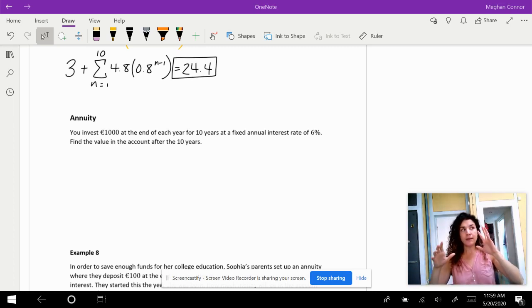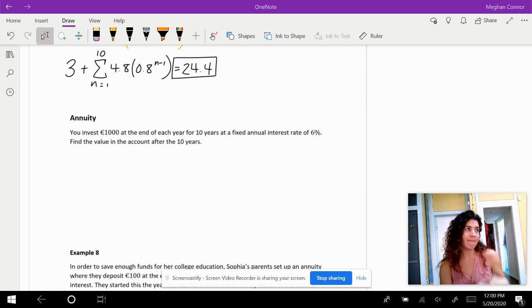Annuity. The only difference between annuity and regular compounding interest or simple interest is that instead of just putting a lump sum in at one point and then finding your interest over a certain amount of years, annuities are when you add into a bank account every year, right?